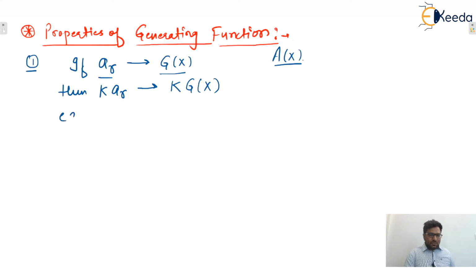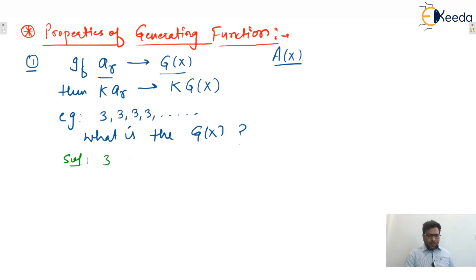Let us consider one example. Let's say one sequence is given to you, an infinite sequence 3, 3, 3, 3, and the question is, what is the generating function corresponding to the given sequence? Now what will you do? Take 3 as a common factor. So the sequence will be 3 times 1, 1, 1, 1 up to infinity, and this is the standard sequence.